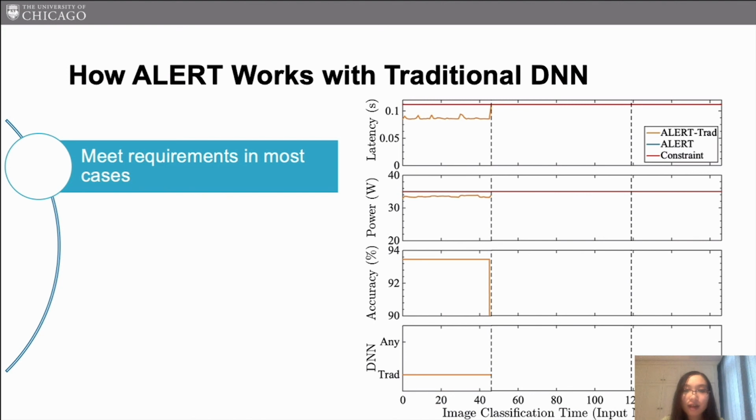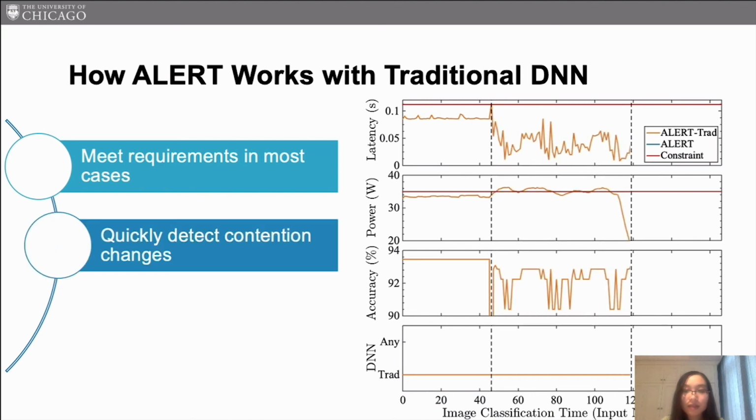Now contention starts. A memory-intensive process competes for the resources with the inference task. Look at this sudden accuracy drop. The collocated process launches during the inference, so this inference task becomes super slow. We terminate it when the deadline arrives, even though there's no available result. Fortunately, Alert quickly detects these changes and reacts to the large runtime variation.